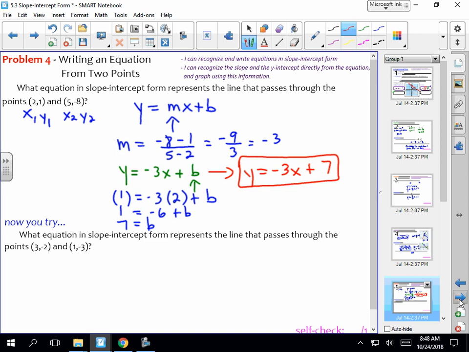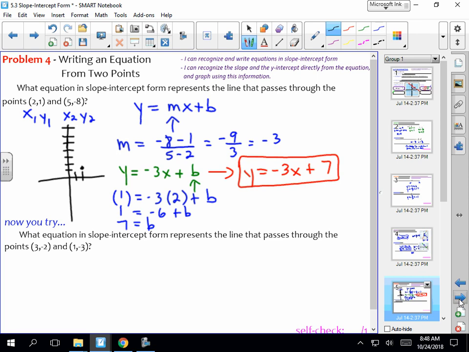So here's what we were actually doing here, just to show you what's going on. I'll draw a little graph. If I'm at 2, 1 right here, I'm not going to go to 5, negative 8 because it's way down here on the right.